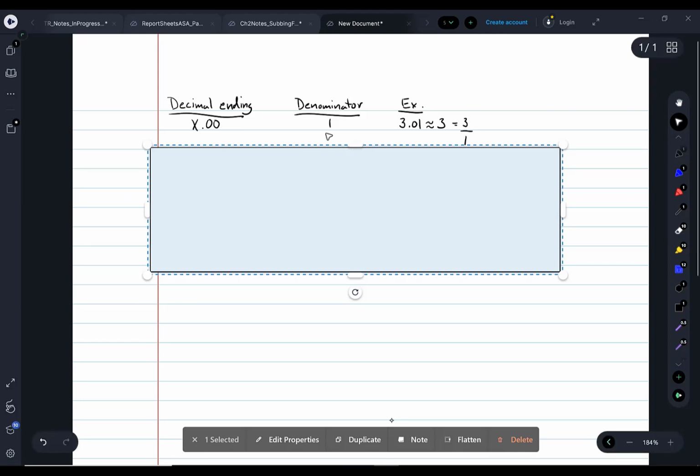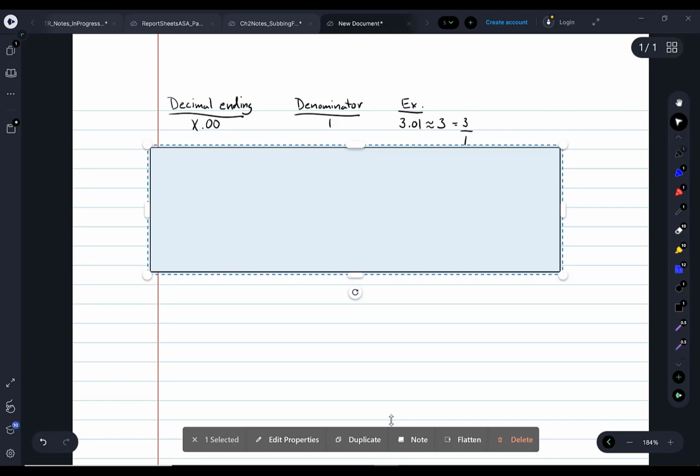And so those mean the denominators will always be 1. So 3.01, for example, is very close to 3, so that would be 3 over 1. I didn't like my last examples because they weren't like 3.01, they were like 2.9 or 2.85, which is a little farther away than I'd like the problems to be.